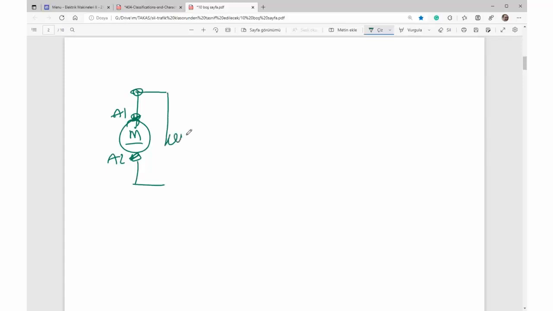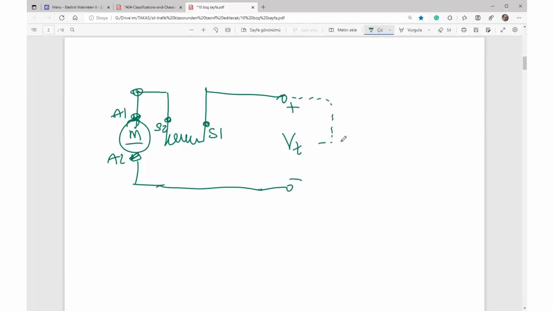Here's the series field coil, let's say S1 and S2. Those are series terminals. And here are the main terminals for the power supply. Here would be a power supply or a battery delivering electric power, and this machine will convert it into mechanical power. That is a motor.